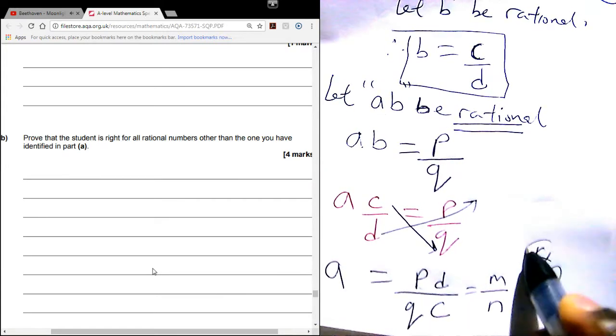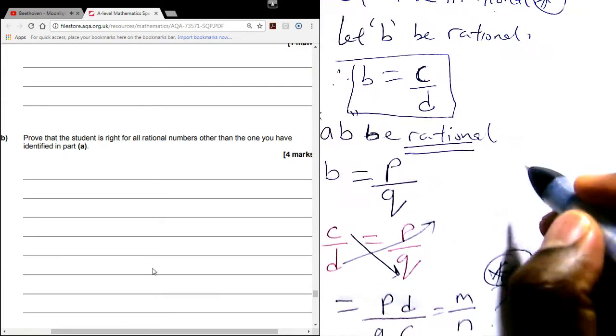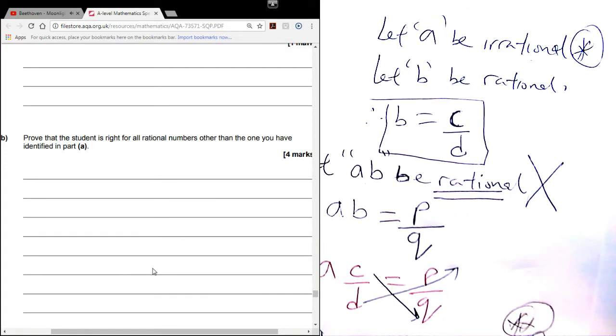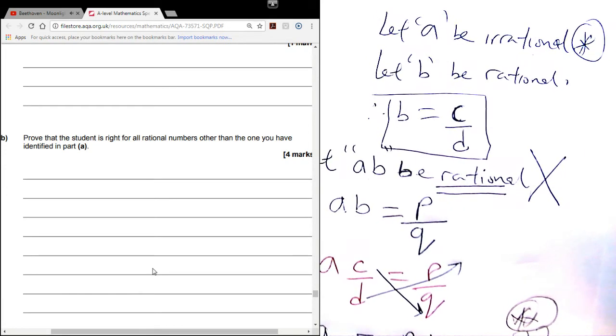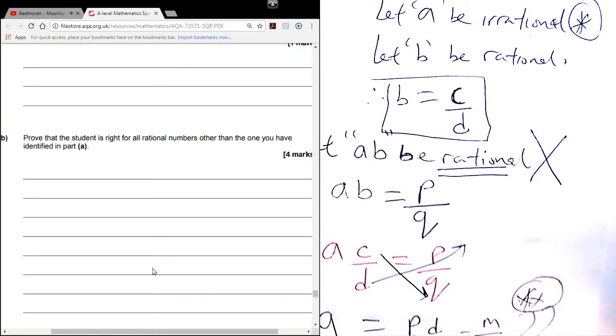So we have reached a contradiction, which means that we shouldn't have made this assumption in the first place. And that's how to prove that it's always going to be irrational for every other rational number.